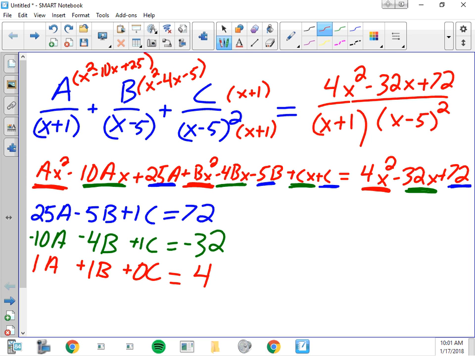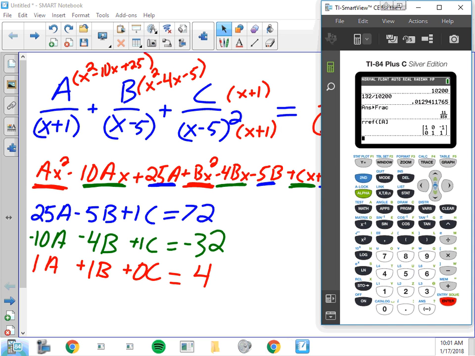Now all the hard work is done. We just stick this into a matrix. So this is a 3 by 4. And we end up with 25, negative 5, 1, 72.